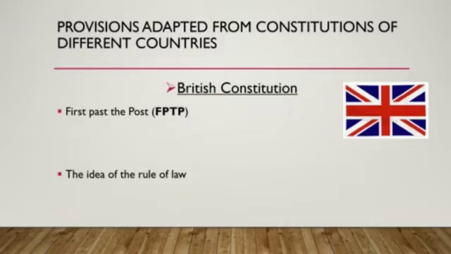The second feature taken from the British Constitution is the idea of the rule of law, meaning the authority and influence of law in a society, or that no person or government is above the law.